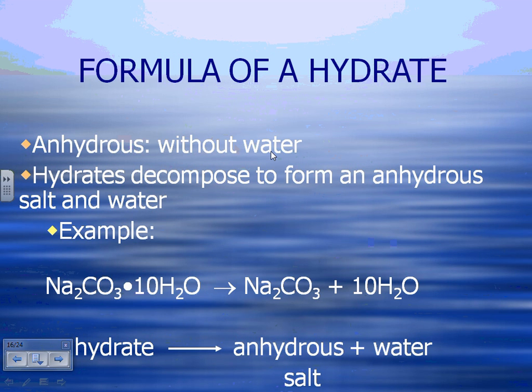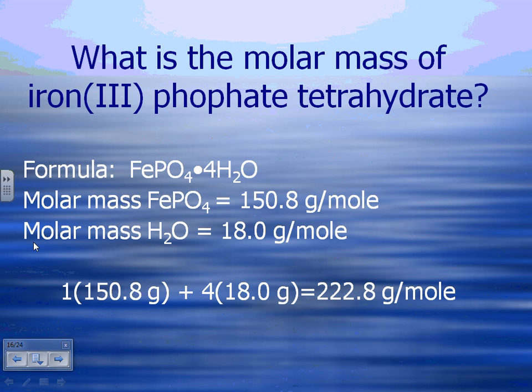We're going to look at a few more. Anhydrous means without water. When these hydrates decompose, the water just falls off. So the sodium carbonate decahydrate is hydrated, and this has become an anhydrous salt, meaning without water, and then the water by itself. This matters because a lot of your products are going to have this in them.